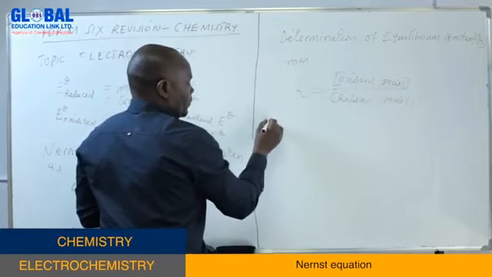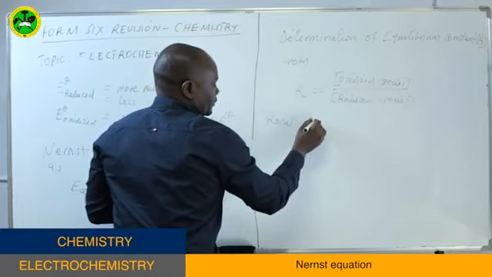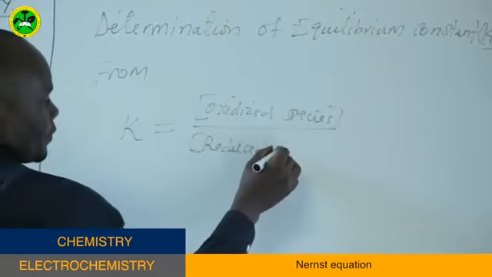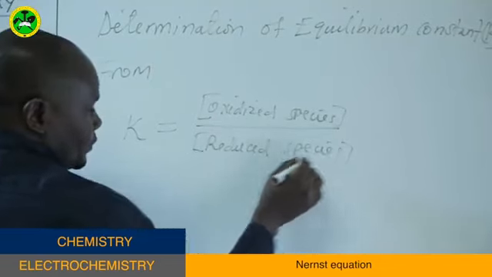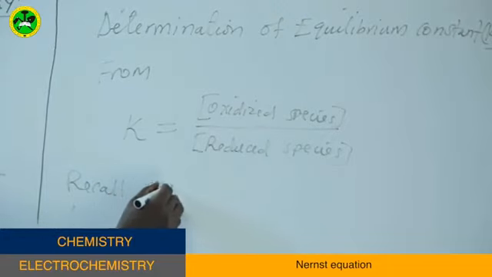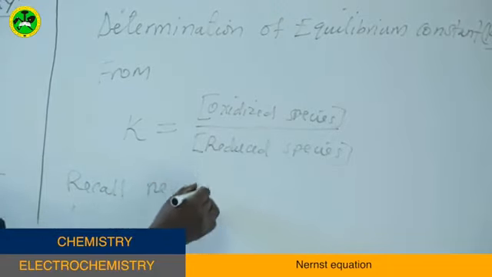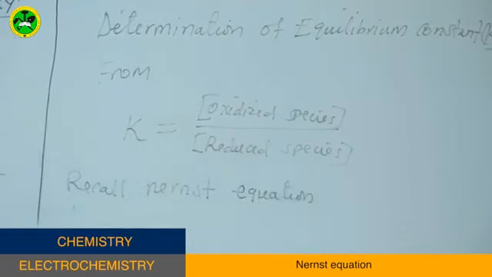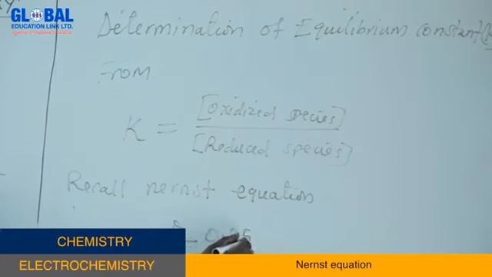So from now, next equation, where E, the EMF of a cell, is equal to the standard electrode potential of a cell minus 0.0591 over n, then log of oxidized species over reduced species.